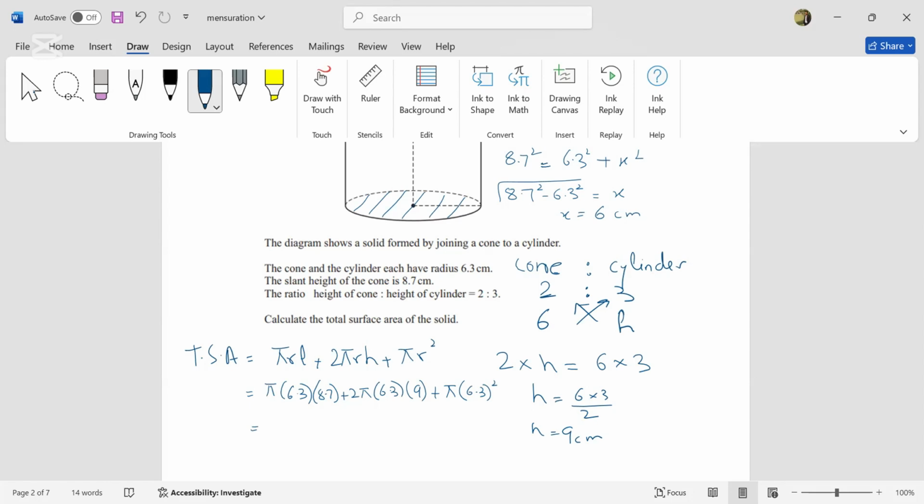Let's put it in the calculator. Okay, we are getting 653.13 centimeter square. Okay, let's move on.